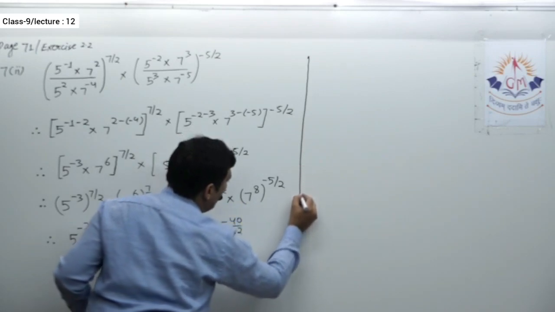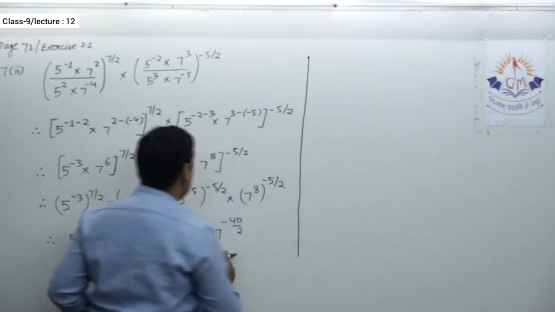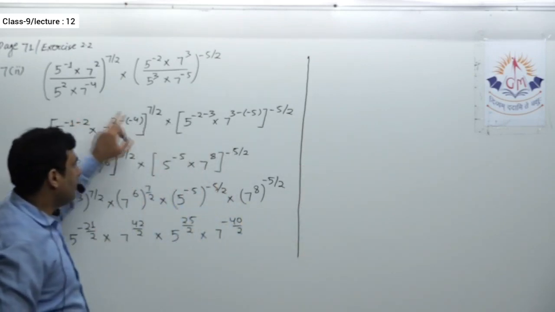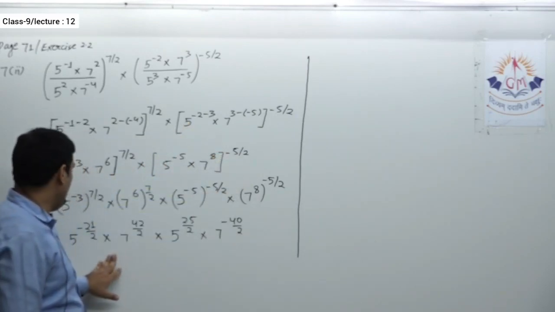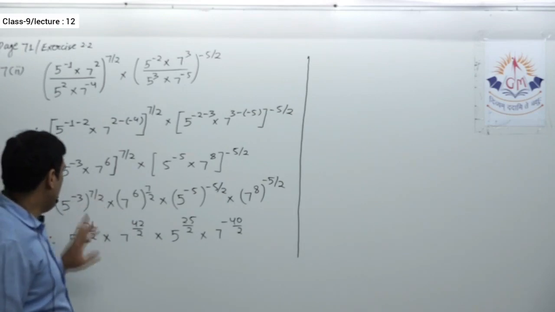Simply I applied the power law. So here I can say I applied the third law. First I applied the quotient law, then xy raised to m is equal to x raised to m, y raised to m, and over here I applied the power law, when powers will multiply.